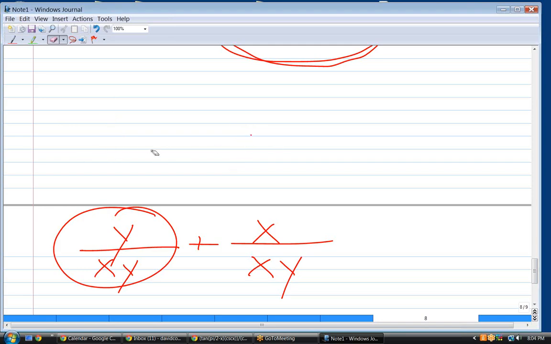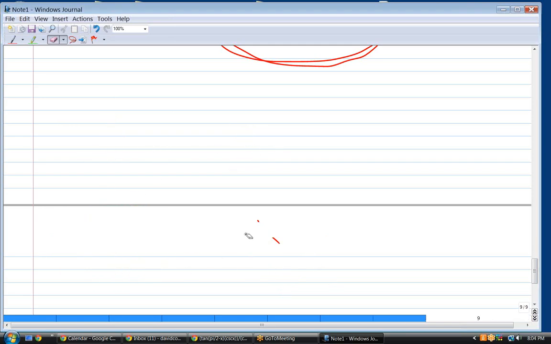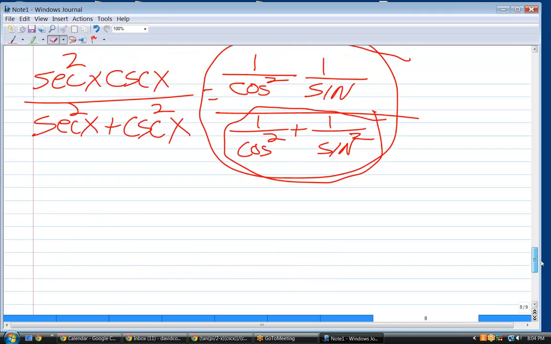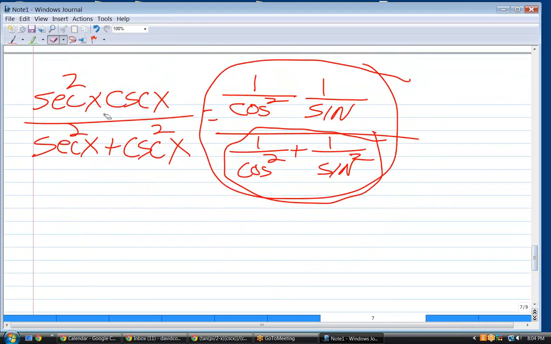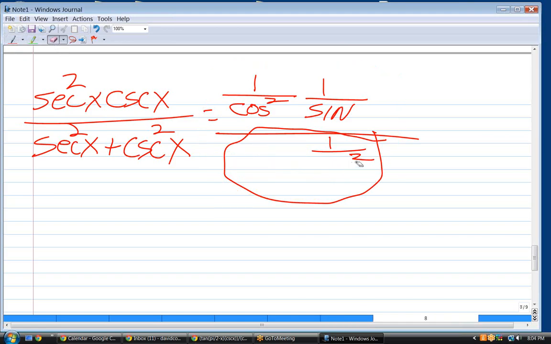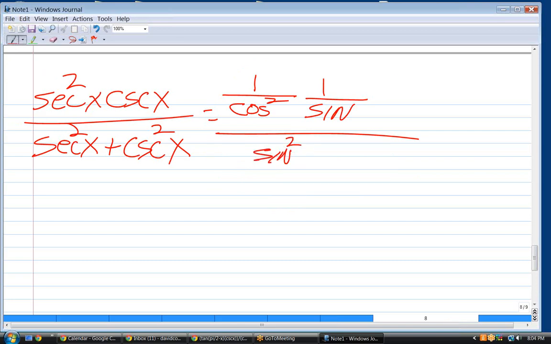Okay, now let's go back to that problem. Go up here. Okay, so what we decided, let me erase this, was that this is the same as sine squared plus cosine squared all over sine squared times cosine squared.